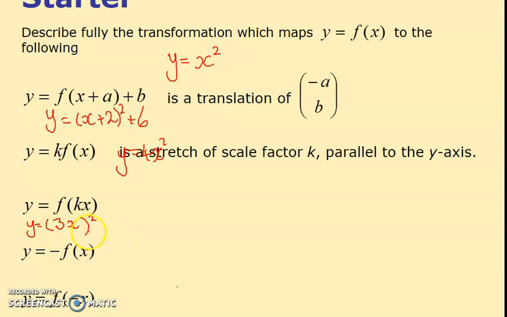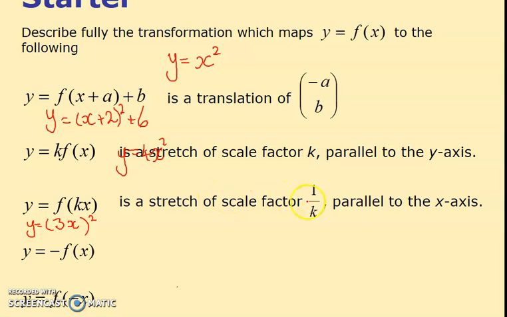You could think of that as simply multiplying it out and saying 9x squared, or you could say it's a stretch of scale factor 1 over k, and in my case 1 over 3. Imagine it being stretched left and right by a scale factor of a third, so you squash it in, and it would look similar to stretching it upwards as well.